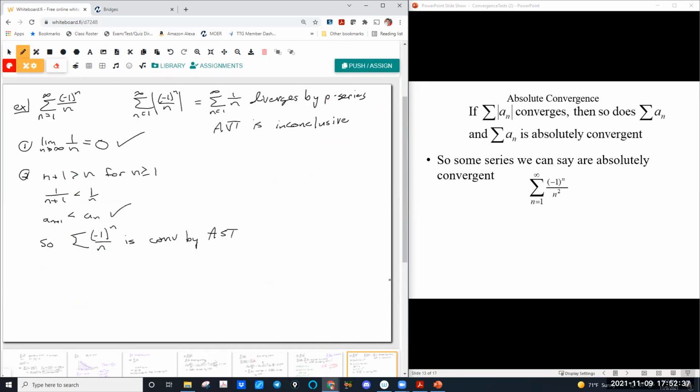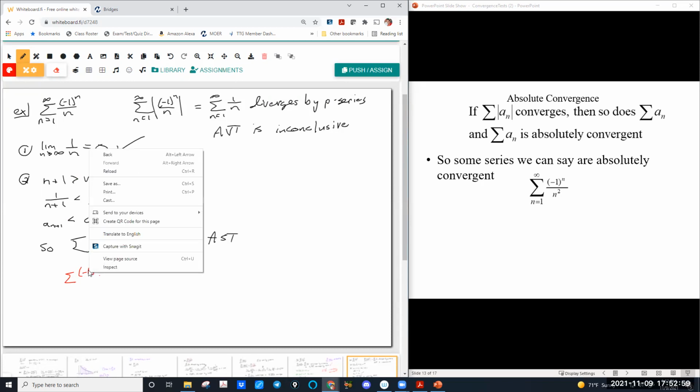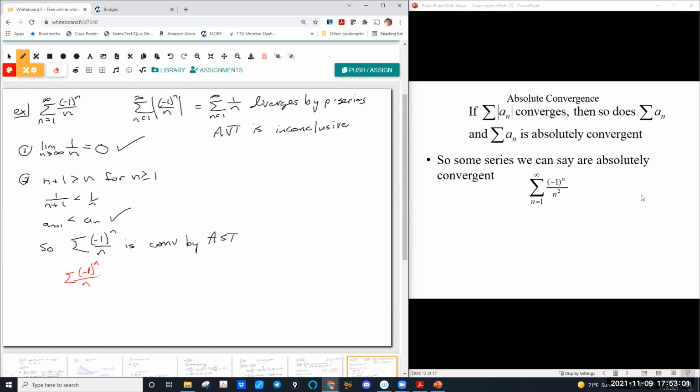Now we'll contrast that with the one we just looked at, the alternating series made up of our harmonic series. Because the absolute value diverges, we cannot say that this is absolutely convergent. What we can say is that it's what we call conditionally convergent. So it's still convergent, but its absolute value does not converge.